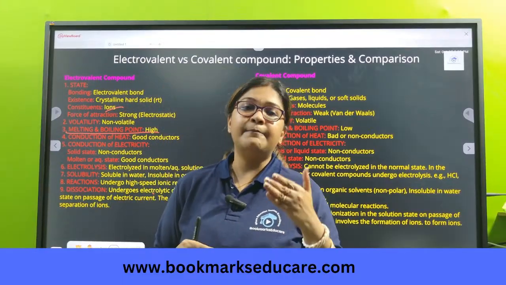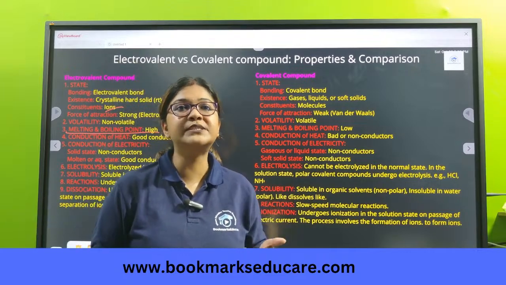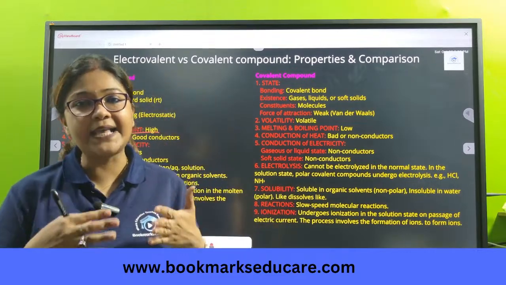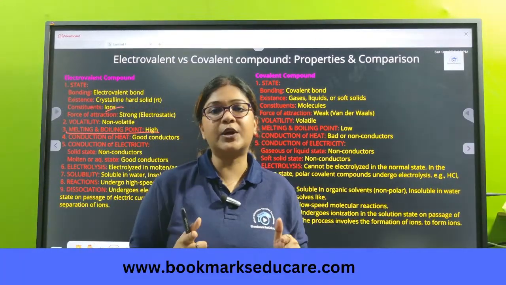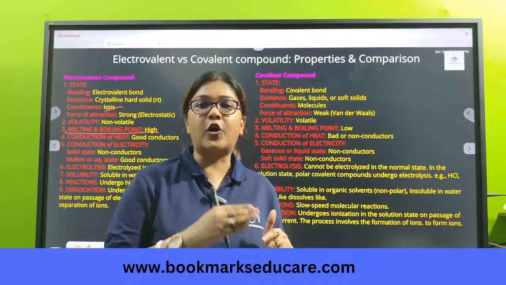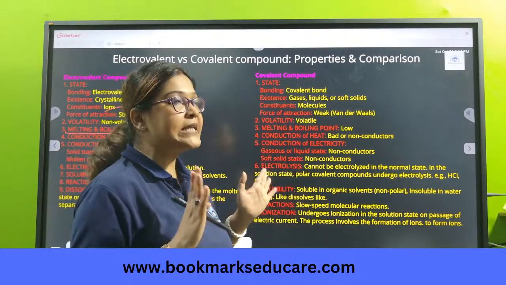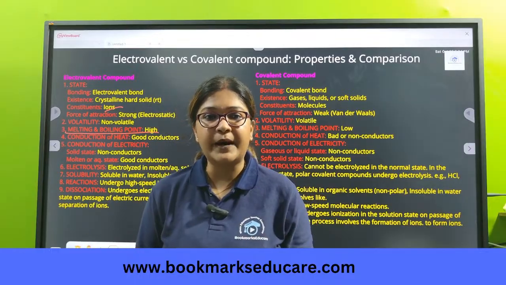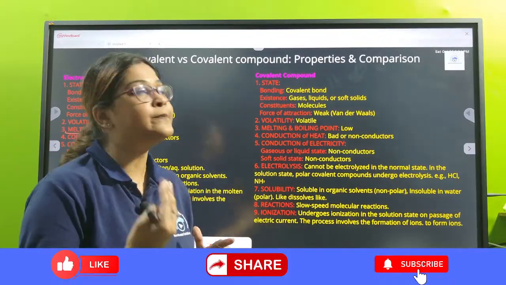Therefore, the melting and boiling point is high for electrovalent compounds, but for covalent compounds, as the bond is very weak, therefore it requires low energy for the disruption of the bonds. Therefore, the melting and boiling point for covalent compound is low, but that of electrovalent compound is very high.